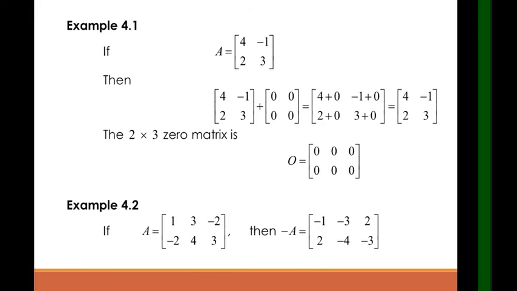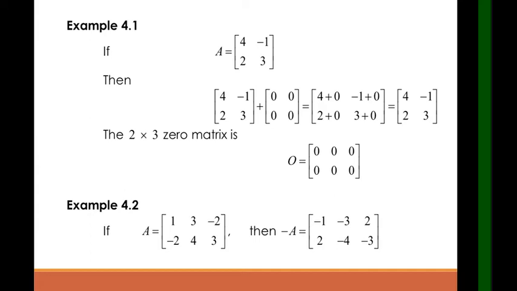Example: if matrix A is the 2 by 2 matrix with rows 4, negative 1 and 2, 3, then A plus the zero matrix 0, 0, 0, 0, which is the identity property letter C, equals 4 plus 0, negative 1 plus 0, 2 plus 0, 3 plus 0, which is equal to 4, negative 1, 2, and 3.